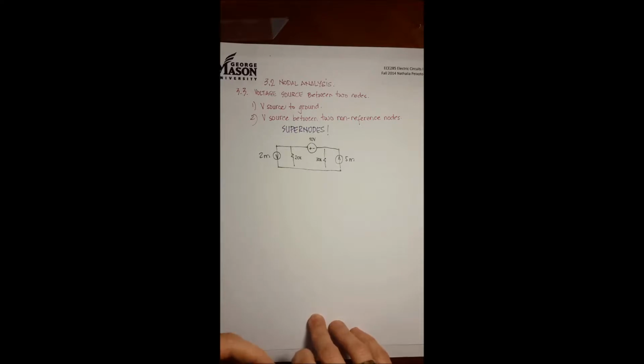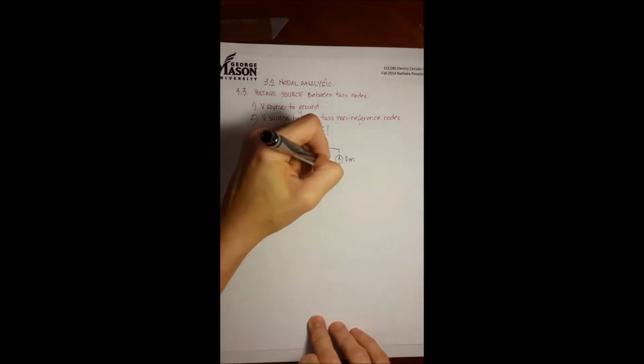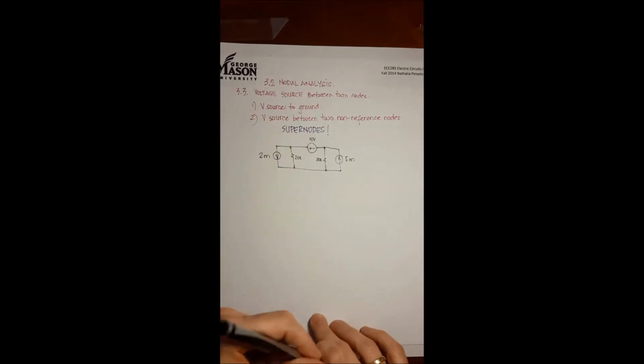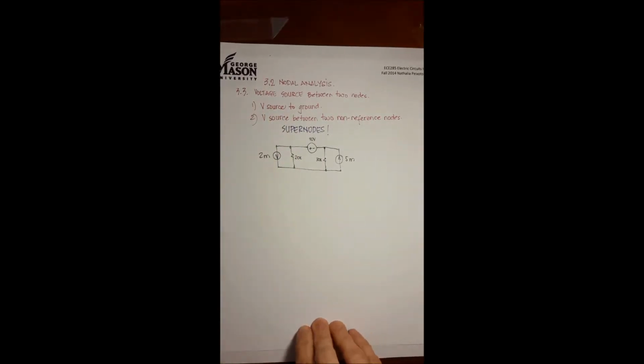In this case, let's see, how about I actually connect branches here. I'm going to use almost exactly the same method as before. I'm going to first say where I want my currents to be going.